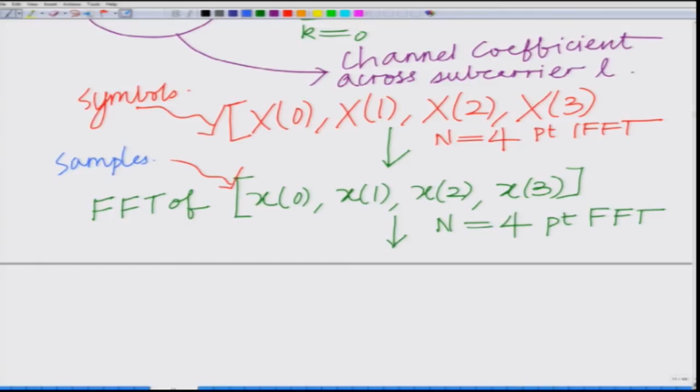The way we started in this OFDM, we considered the symbols, the capital X's, and performed the IFFT to get the samples, that is the small x's. So, naturally once you do the FFT of the samples, you get back the symbols that are loaded onto the subcarriers, and that is the other important point to keep in mind.